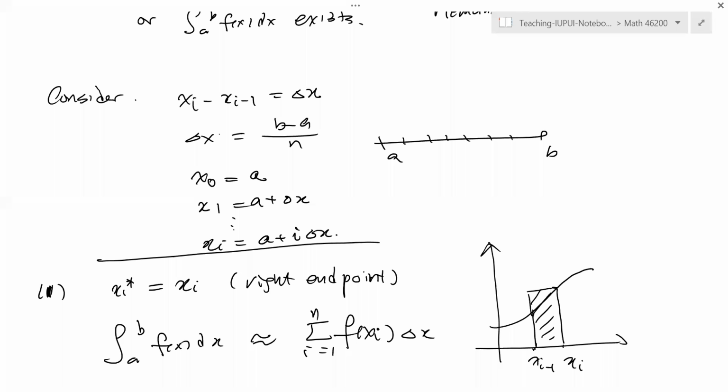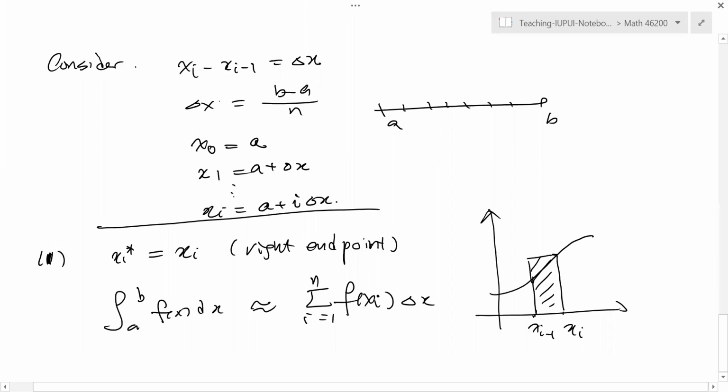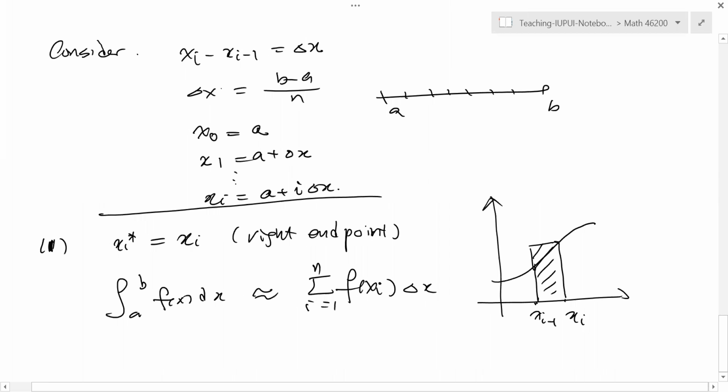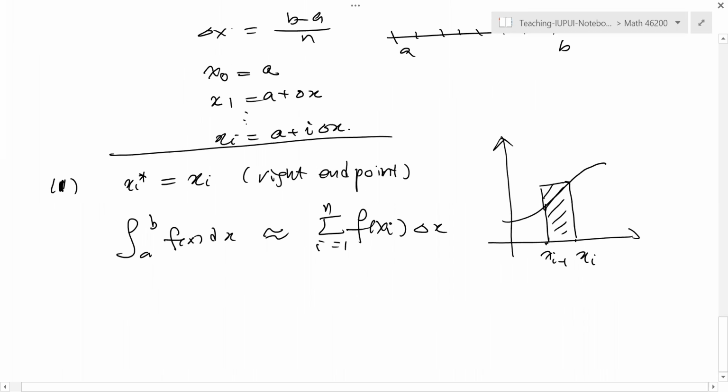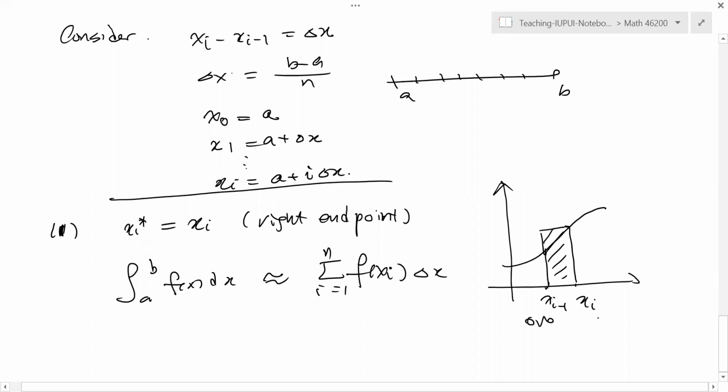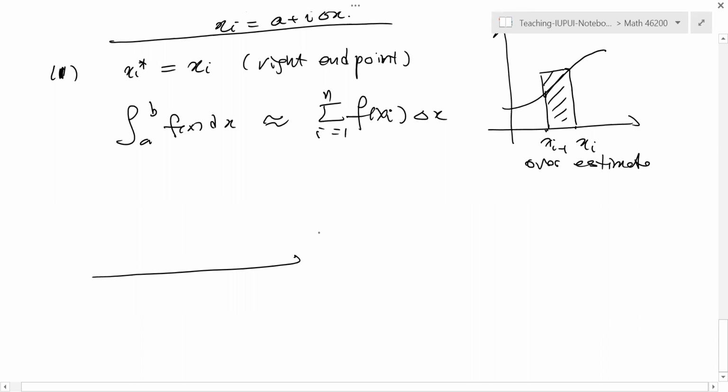In this case, if the function is increasing, the Riemann sum will overestimate the area, because the rectangle covers the whole region. If the function is decreasing, this will underestimate the area. But the limit is still going to be the integral. It's just that every Riemann sum is an underestimate of the area.